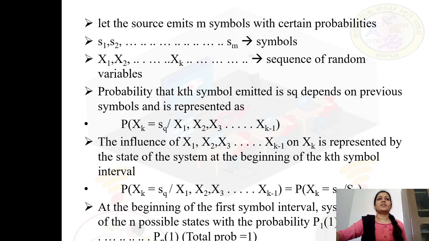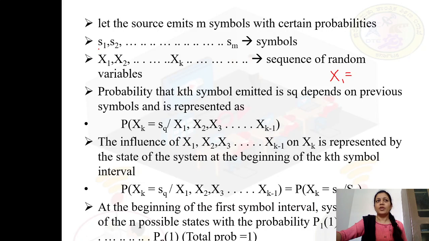Now, if I assume that the source emits m symbols with certain probabilities, then those symbols are represented with the small letter s. That is, symbol s1, symbol s2, up to symbol sm. And the sequence of random variables are x1, x2, up to xk. For example, if I assume that x1 is the first symbol that was emitted, my x1 is not necessarily s1.